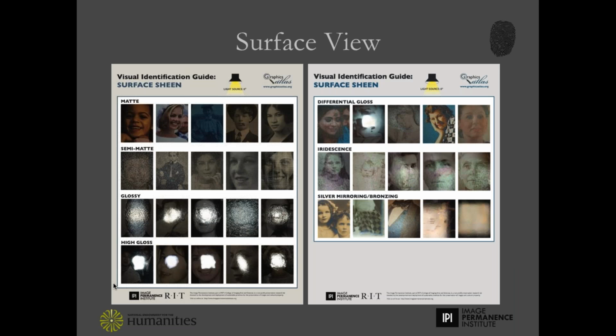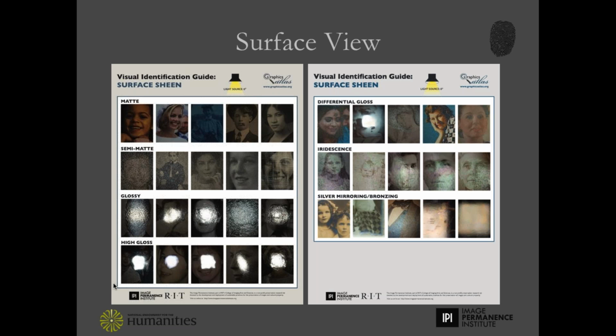Here's our visual guide for identification for surface sheen. Here we have divided surface sheen characteristics into 4 sheens, as well as included other important surface characteristics. Prints may be matte, semi-matte, glossy, or have a high gloss.